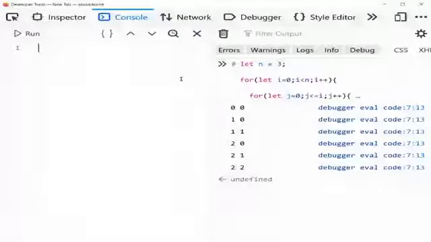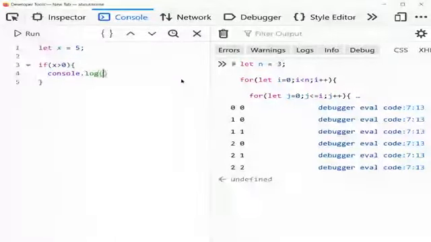Yeah. So what I'm doing, I'm just defining my x equals 5. This was my program, right? If x is greater than 0, then it should be something like console.log print x. Consider that it is providing me order of 1 complexity, this code.